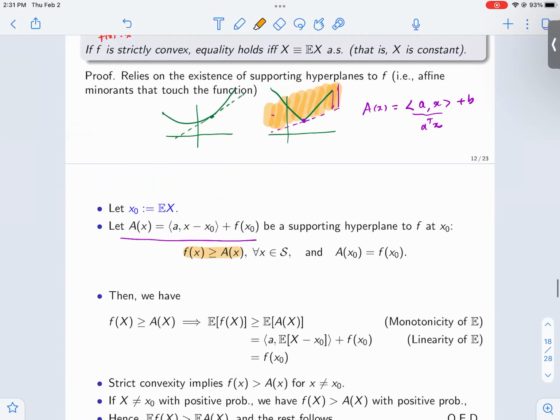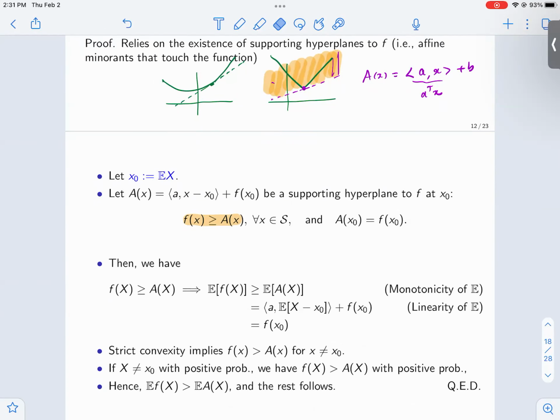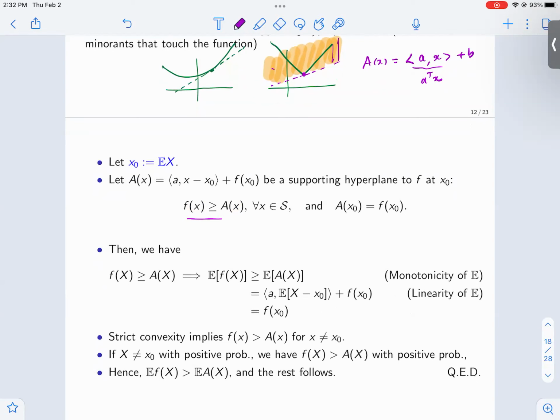That's the supporting hyperplane business, and at x naught it is equal to f of x naught. So under very general conditions, I have this inequality. I can find a function ax that's below the function everywhere except at the point in which it's equal, where it touches the function. So that's the touching part.